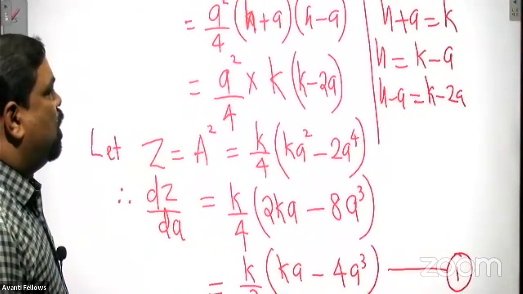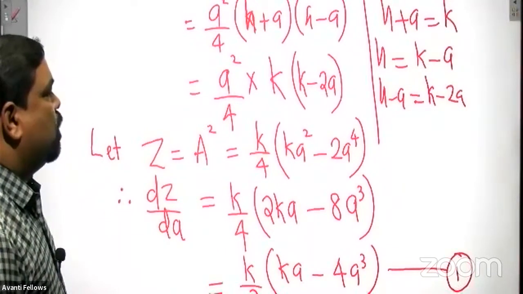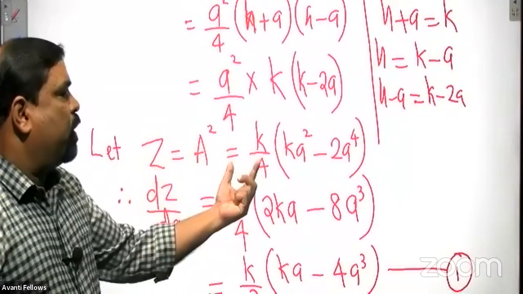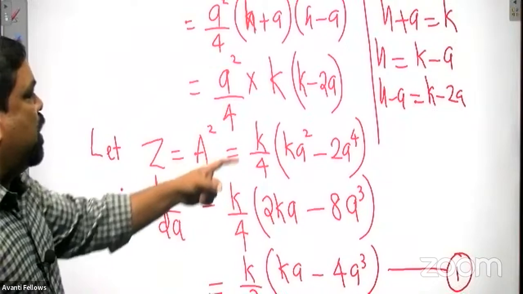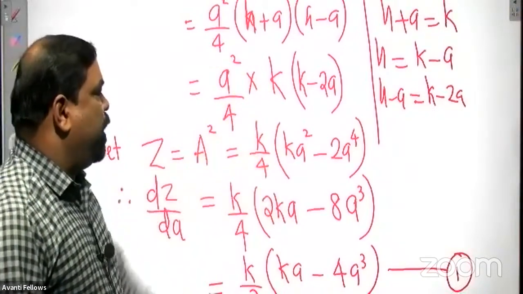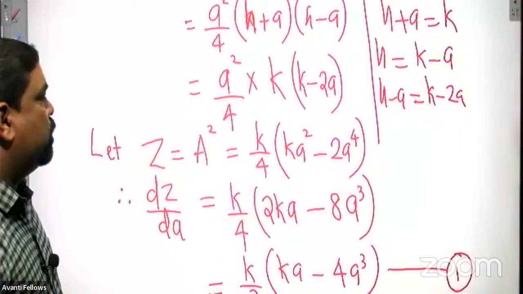Okay, I think I have made a mistake while writing the z. Actually there is a k inside the bracket, outside the bracket. So that k also should be taken. Is it correct or not?